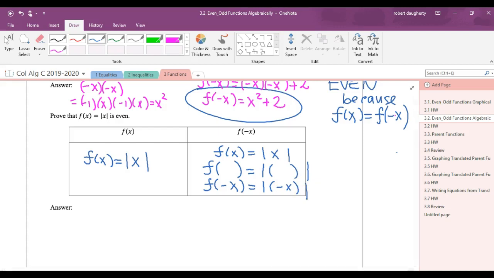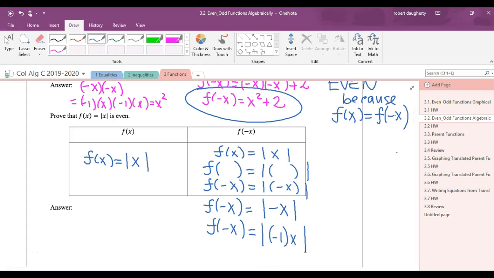So f of negative x is equal to the absolute value of negative x. This is where I get to work and see what that means. Negative x is what number times x? Negative 1. So f of negative x is equal to the absolute value of negative 1 times x.